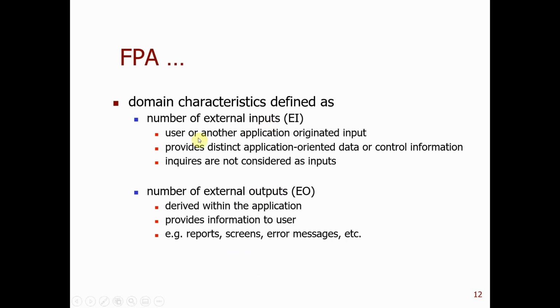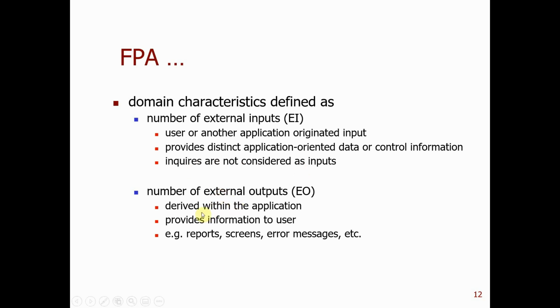The external inputs are where the user or another application originates input and provides distinct application-oriented data or control information. Here, inquiries are not considered as input. For example, you fill in some form and click on submit; these kinds of things are called inquiry, not input.